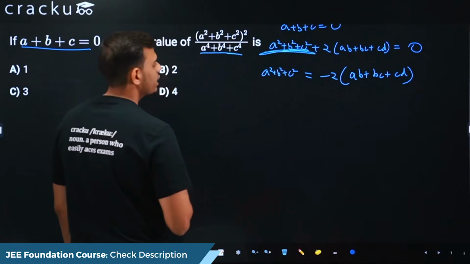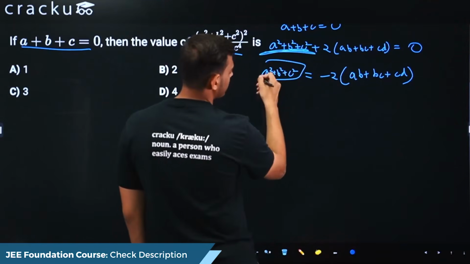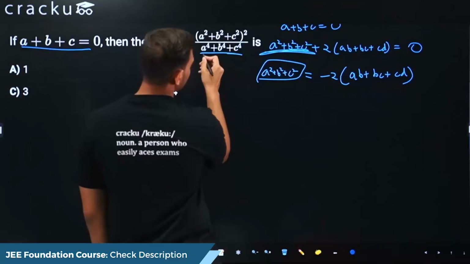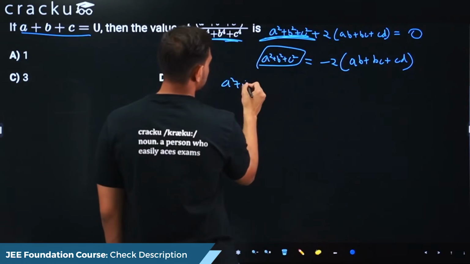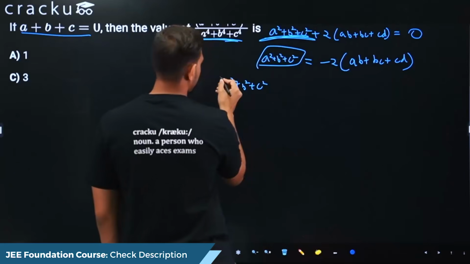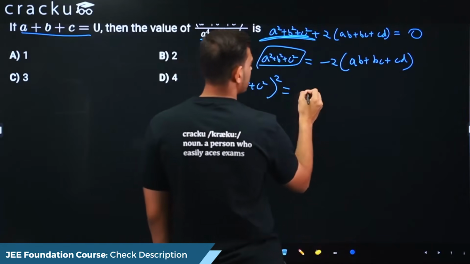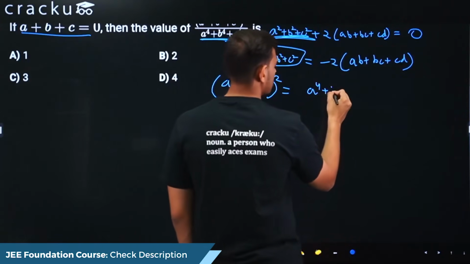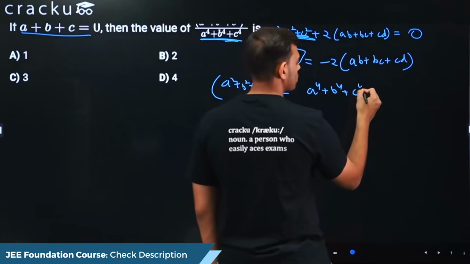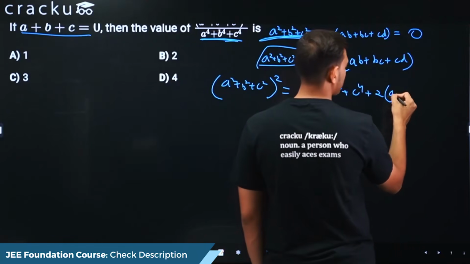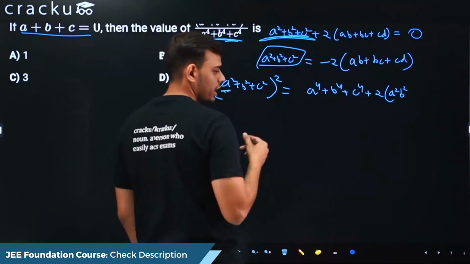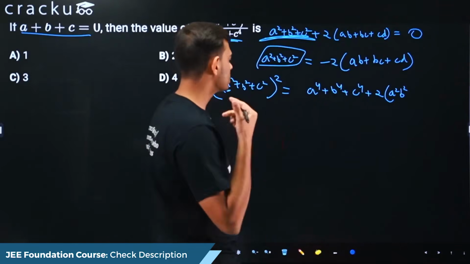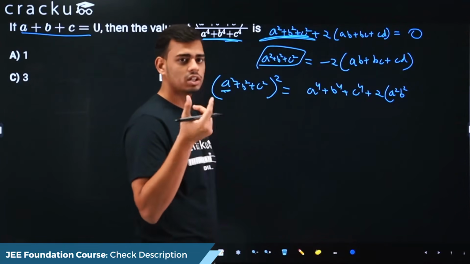Also, if we know the value of this is something, we can easily calculate the value of this. Again, if a square plus b square plus c square is something, I can just square it to get a4, b4, c4 plus twice of a square b square. Now, a square will be treated as a single term.